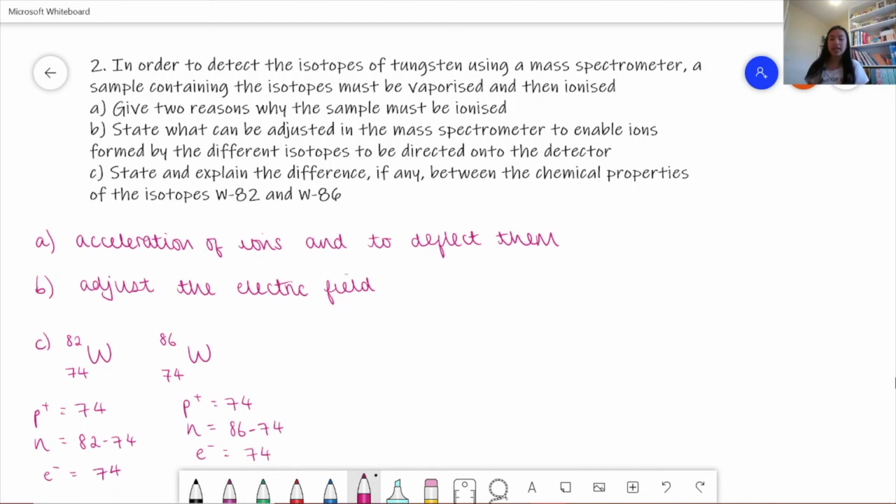And the key thing is that the number of electrons are the same in both of these isotopes. And because of this, there is not a difference in chemical properties between these two isotopes.